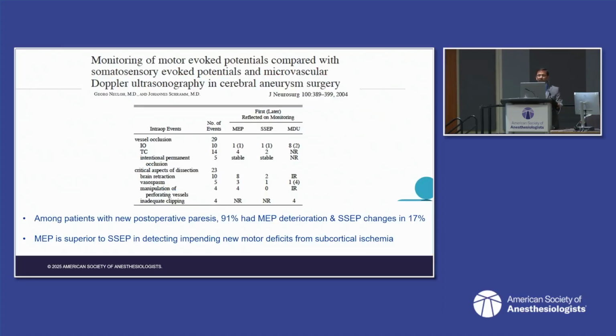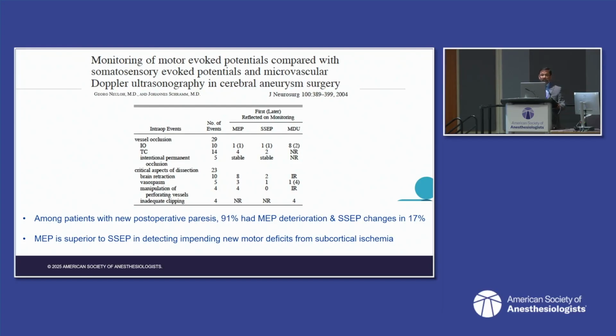In terms of whether SSEPs or MEPs or both should be used, this is a study that looked at patients undergoing aneurysm surgery, and they looked at different surgical stages and whether or not events were identified based on MEPs or SSEPs. Obviously, this is not the most robust study design because it is difficult to demonstrate how many patients eventually could have been prevented against these issues.